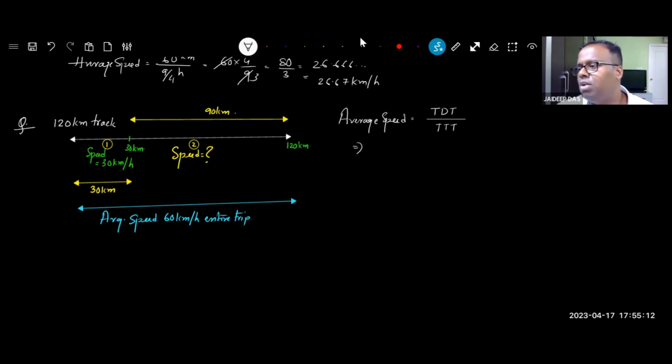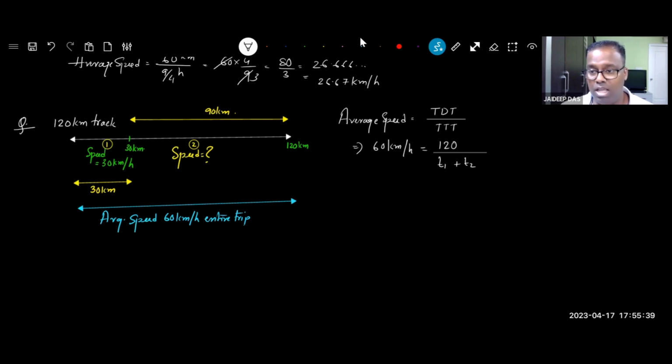The average speed value is already given to you. How much? You should maintain 60 kilometers per hour overall. Total distance traveled, do I know? Yes, I know, 120. What is the total time taken? Sir, I don't know. So it will be T1 plus T2.